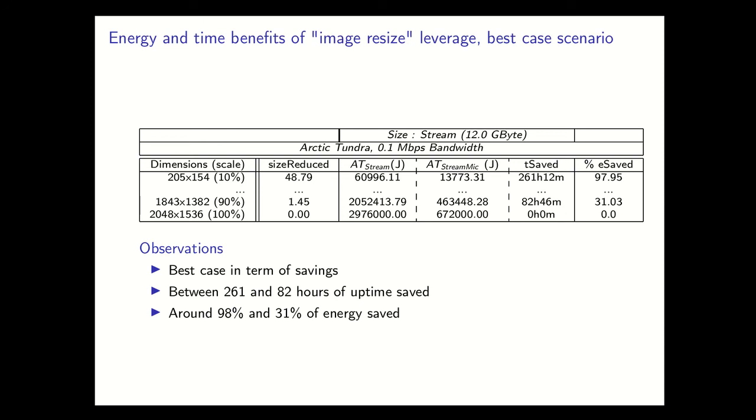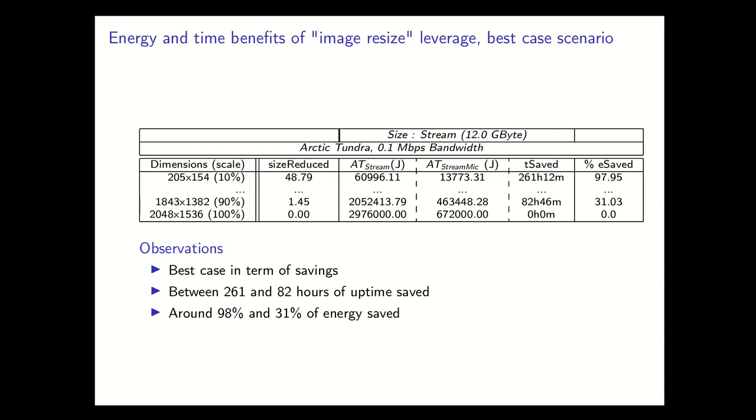So for a scenario like the Arctic tundra, the image resizing leverage is definitely needed to save energy. We have the same percentage of energy saved. That is explained in the paper. We have a proof that shows why it is like that. So please feel free to go read that section of the paper to understand the intricacies of such a result better.